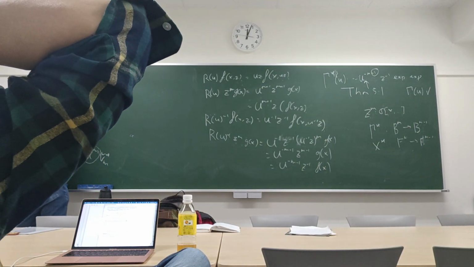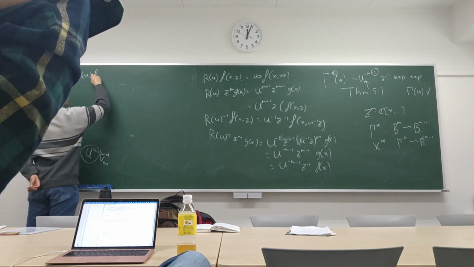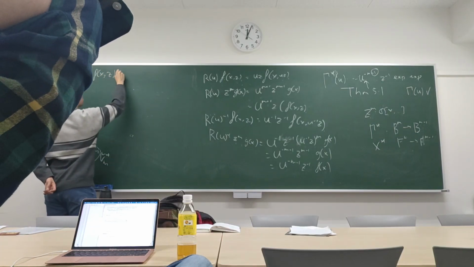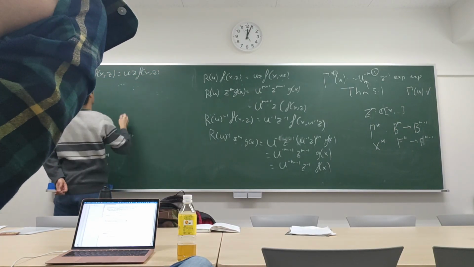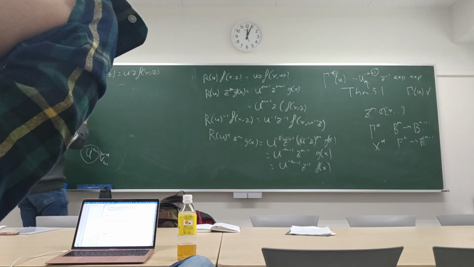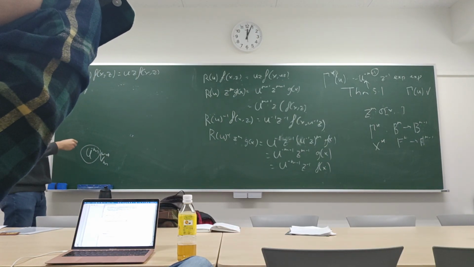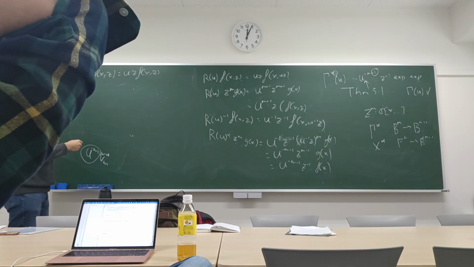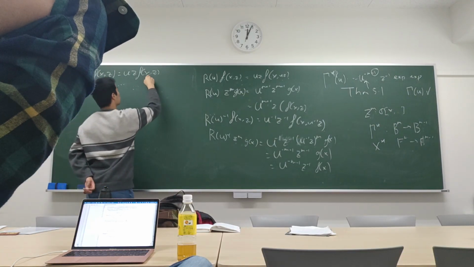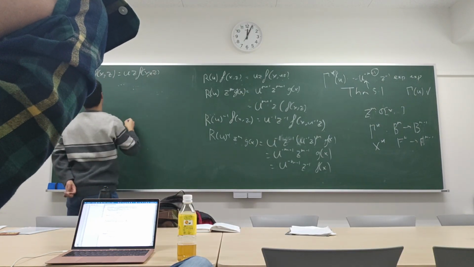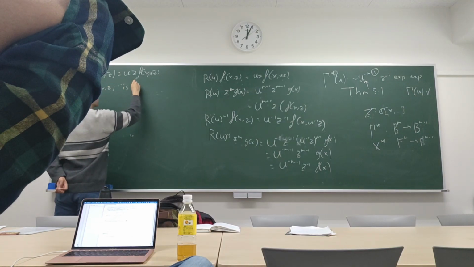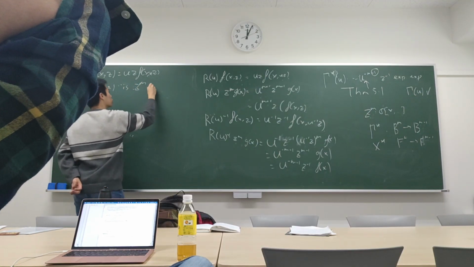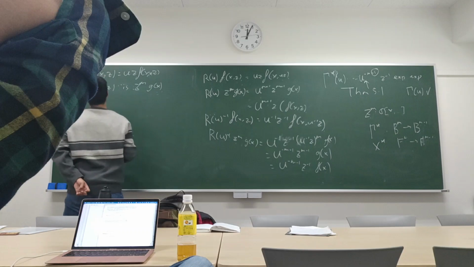So Ru F X Z U Z. Now if you use it, just use one. If F is Zm Gx, then Ru.